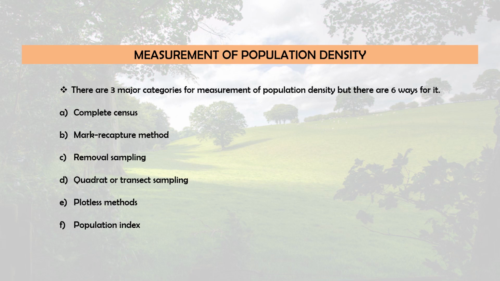In this method, a sample of the population or a particular organism is captured, marked and released back into its environment, where the proportion of marked individuals in a later sample is used to determine the total population.